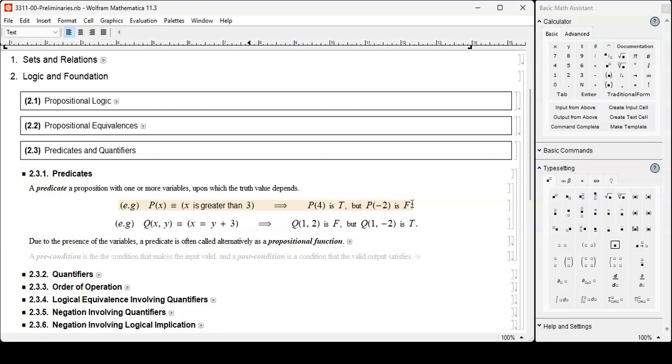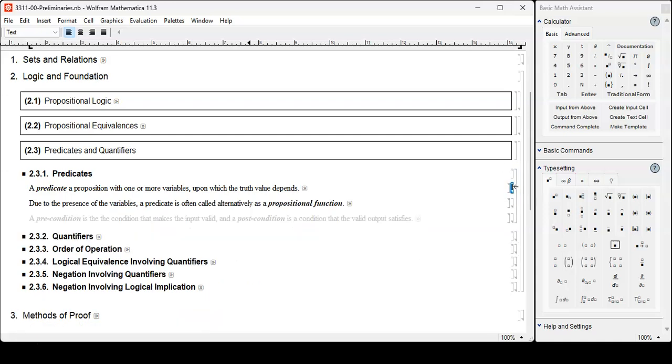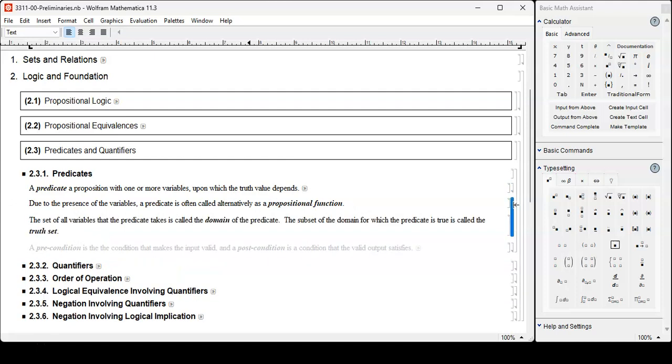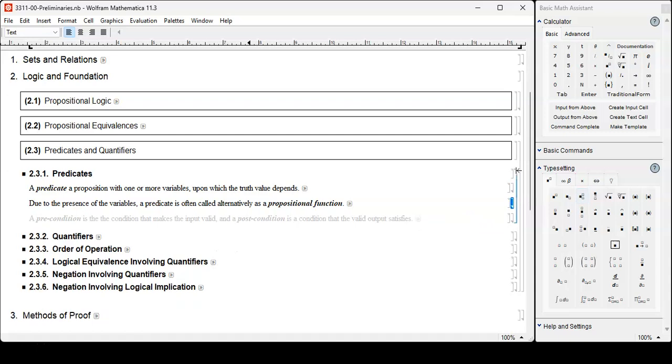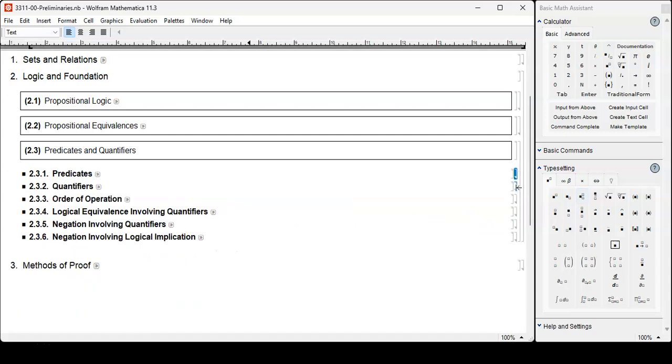It cannot be complex number, things like those. Due to the presence of the variable, some people call it propositional function, and yet domain, truth set, okay, all right. I talked about all those.